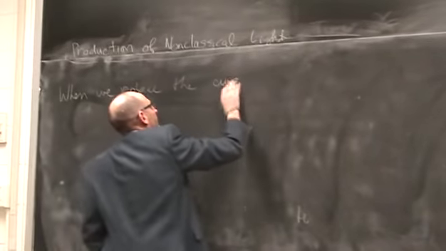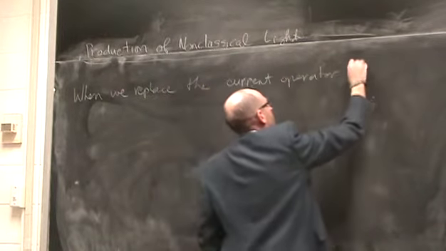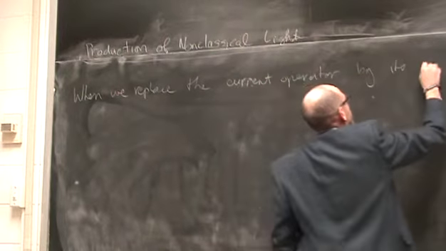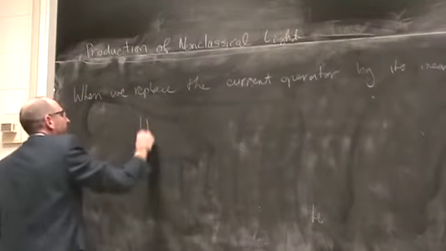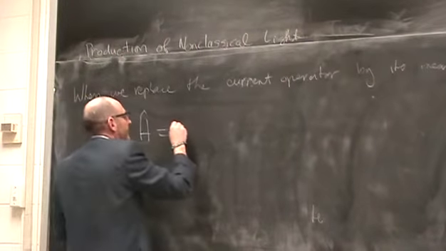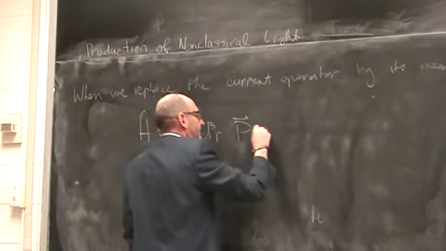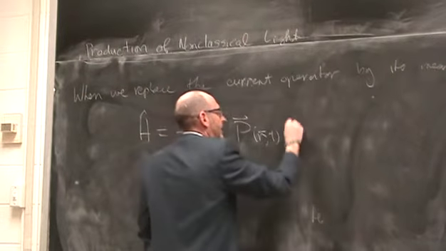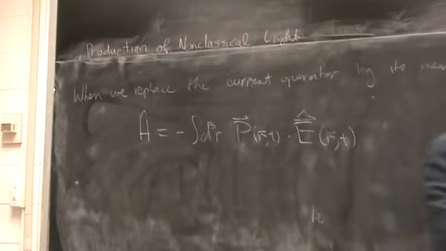When we replace the current operator by its mean field, then in the dipole approximation, this is minus P dot E. Okay?